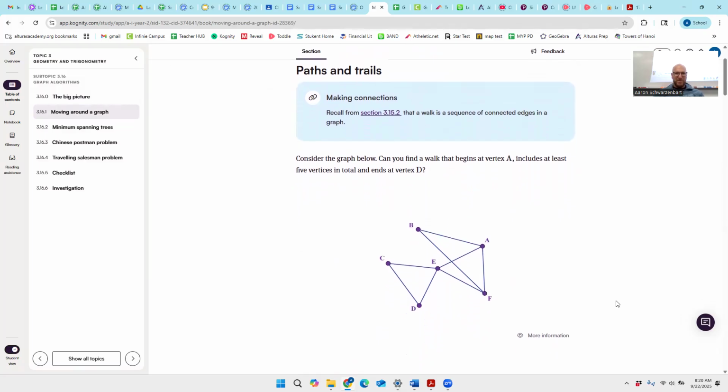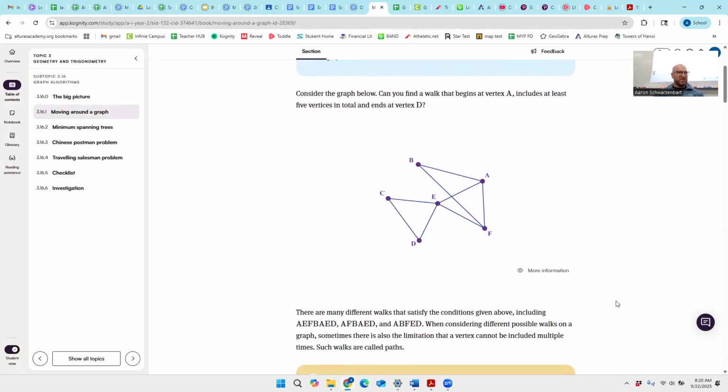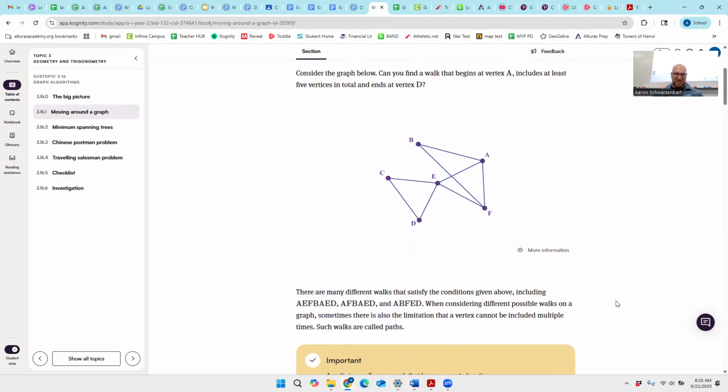Okay, paths and trails. You can move around a graph. We talked about walks last week, and now we're going to talk about a path and a trail. There are many different walks that satisfy the given conditions. Consider the graph.